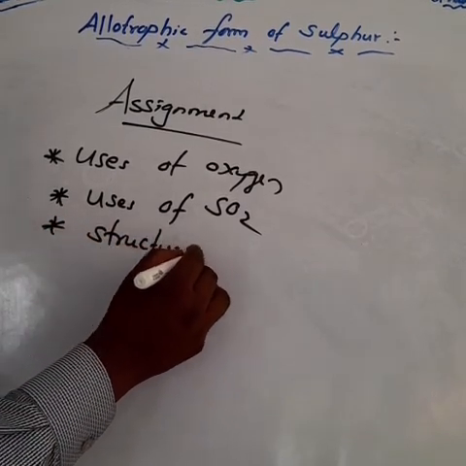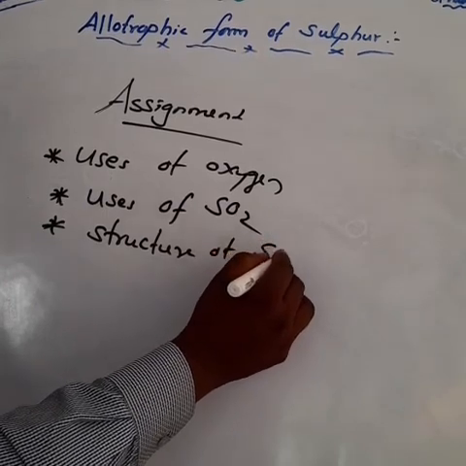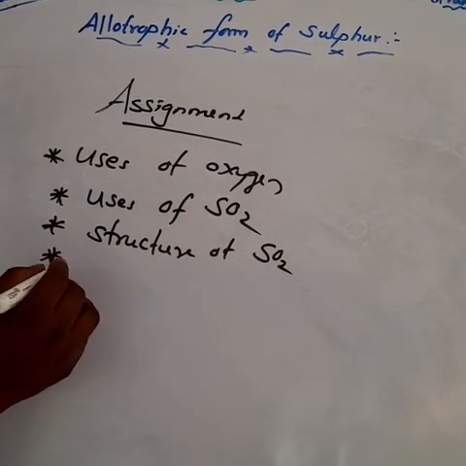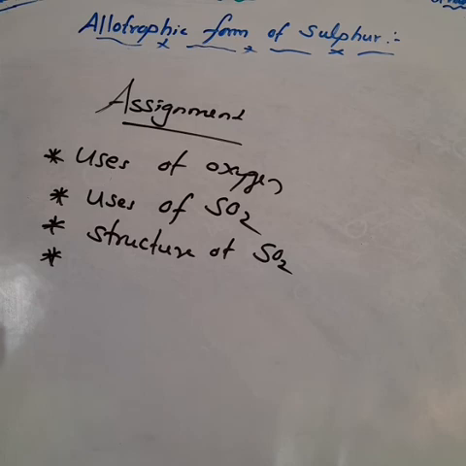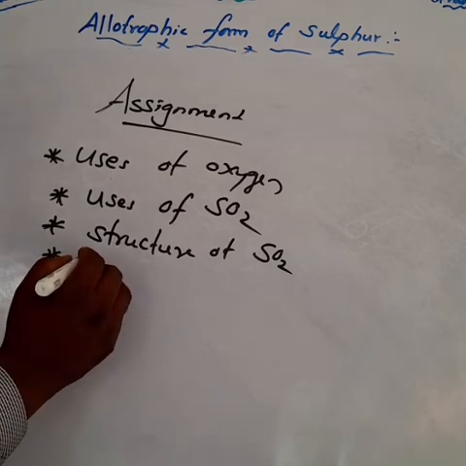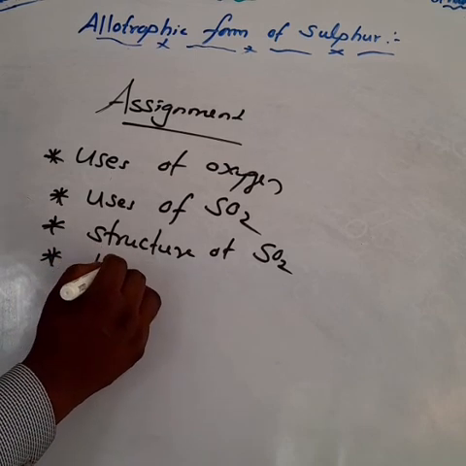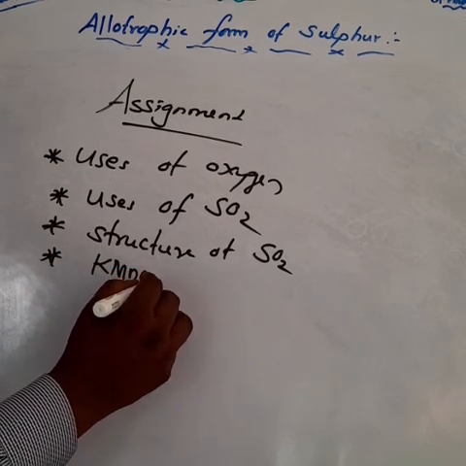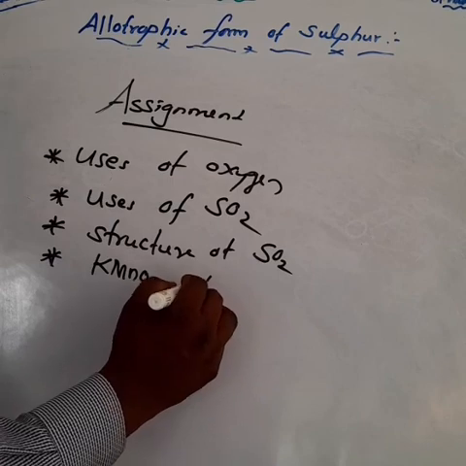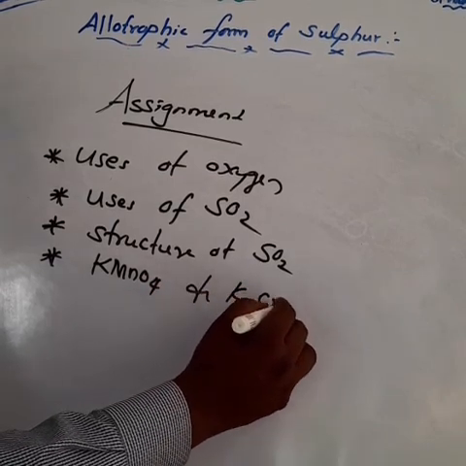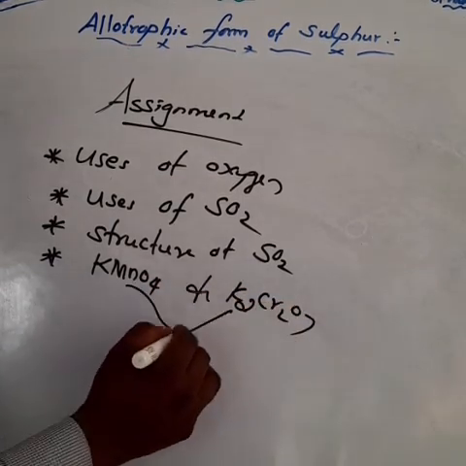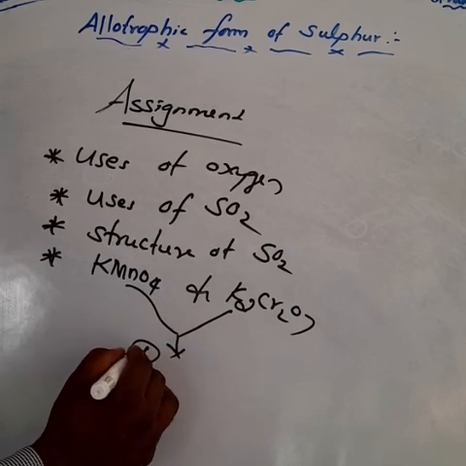These are 3 questions. And one more very important point, one more equation, page number 77: sulfur dioxide reduces KMnO4 and K2Cr2O7. These are the 4 questions you have to learn thoroughly, okay?